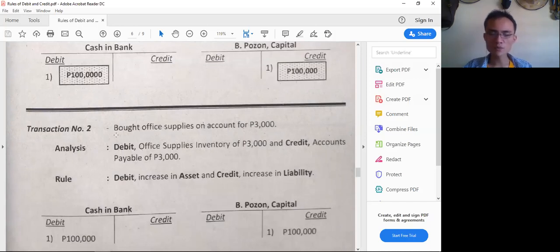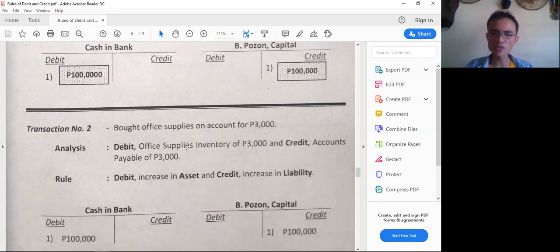When we see the word bought, we assume that the company bought office supplies on account for 3,000. As I've said a lot of times, although the business is not really a person, it is an artificial person; the law recognizes it as a person.